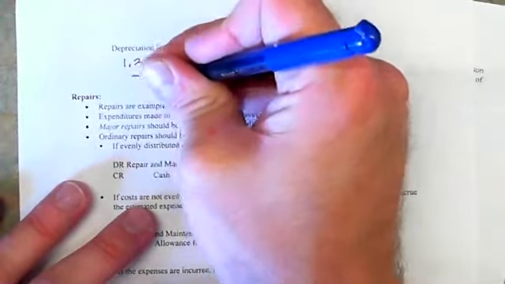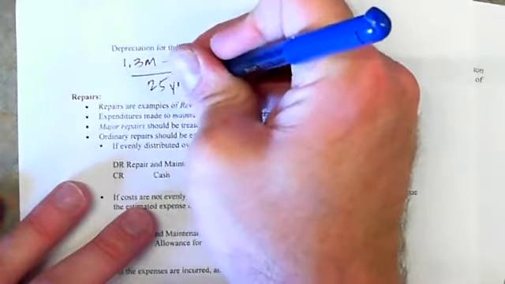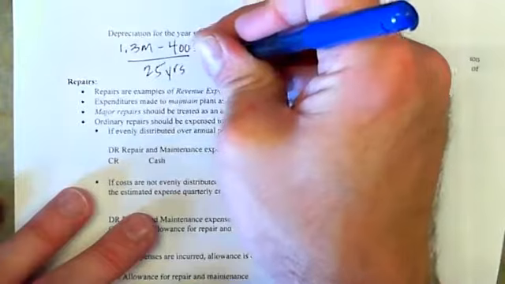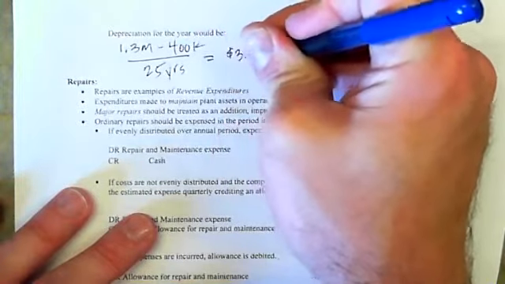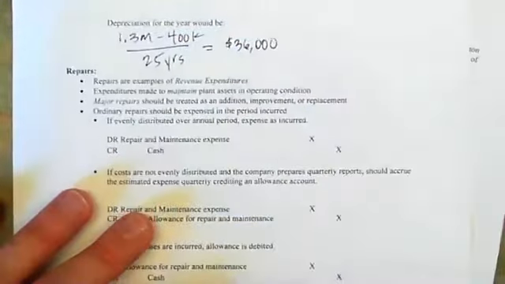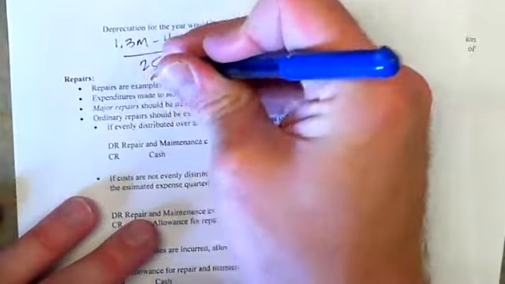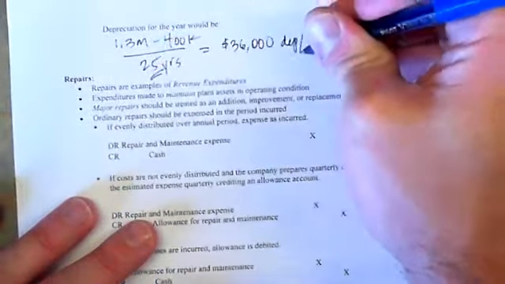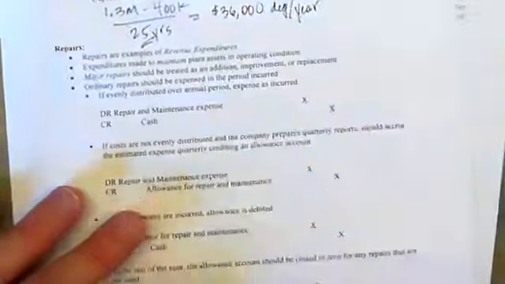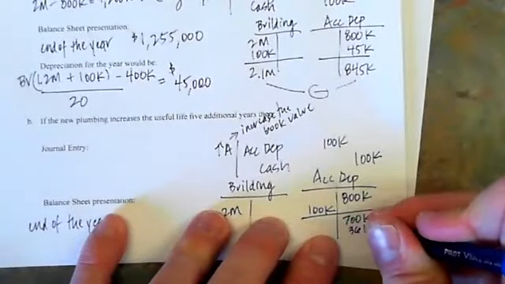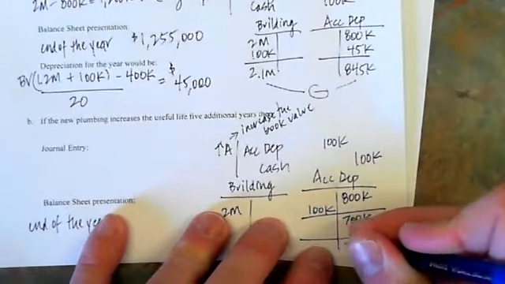So that's going to be over 25 years now because I added 5 years to the useful life of the asset with the improvement. And that was stated in this part of the problem, which is now a different sort of depreciation expense only because I have those extra years. So 36,000 depreciation per year, I would add now to accumulated depreciation.